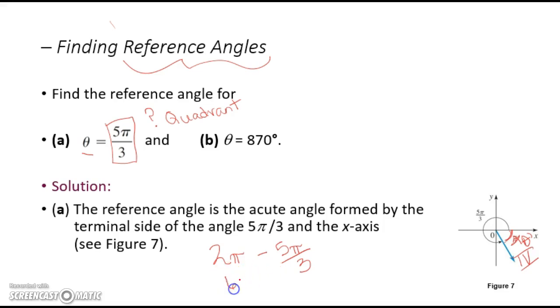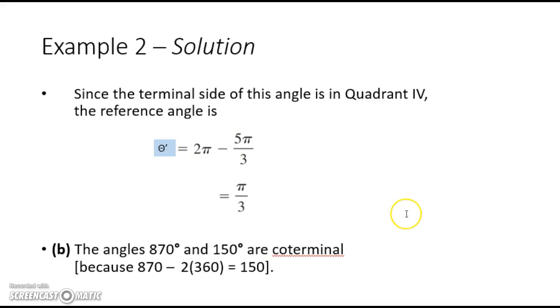So this is with a common denominator, 6 pi over 3 minus 5 pi over 3 equals pi over 3. And that is an acute angle. That's equivalent to a 60-degree angle. So let's look at this one here, and that is what we got. For the 870 degrees, let's talk about our angle.